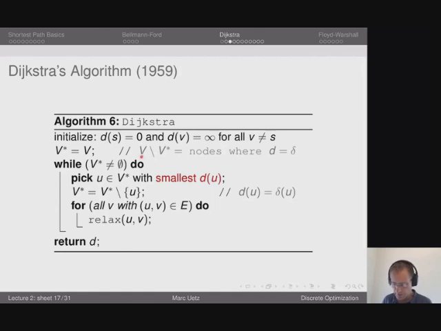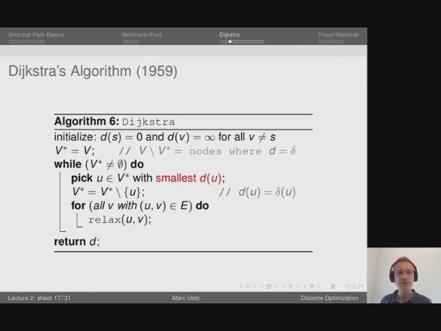And the complement of these is going to be the vertices where the distance labels are already correct and represent the true shortest path lengths. Okay. So as long as there are still vertices to be processed, we continue. This is the most important step. We always pick the vertex among the vertices to be processed with the smallest distance label.